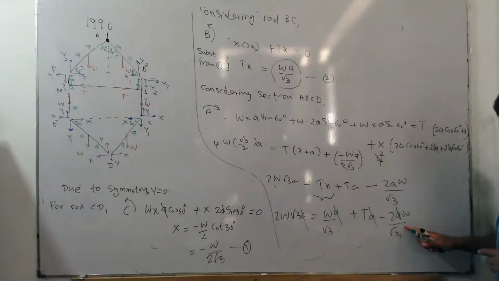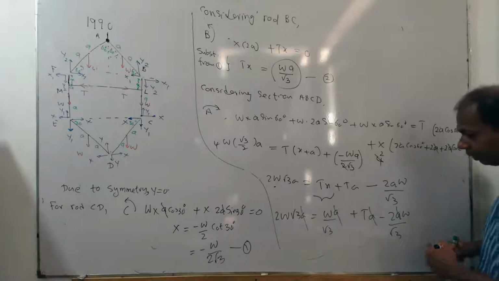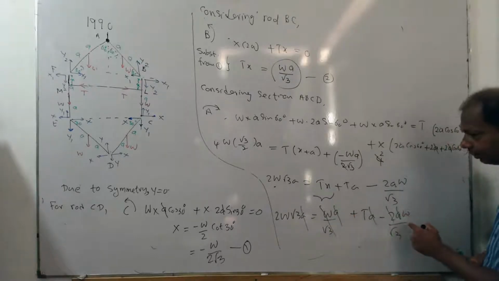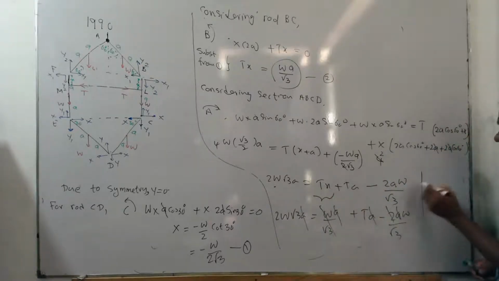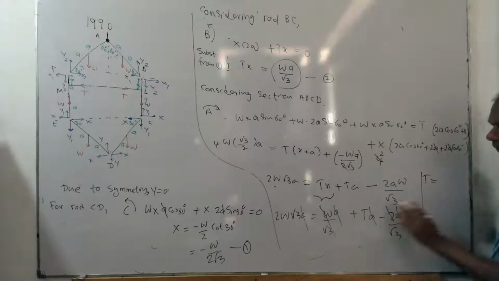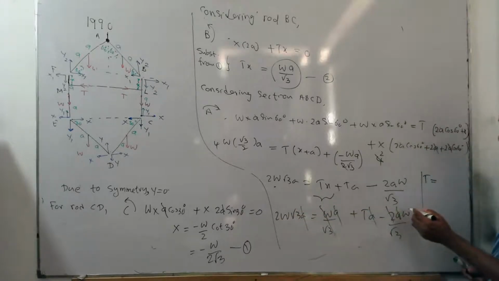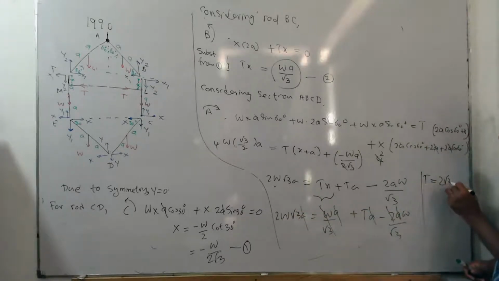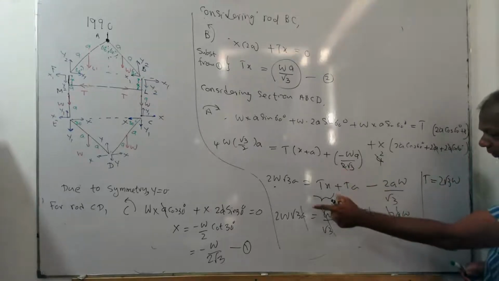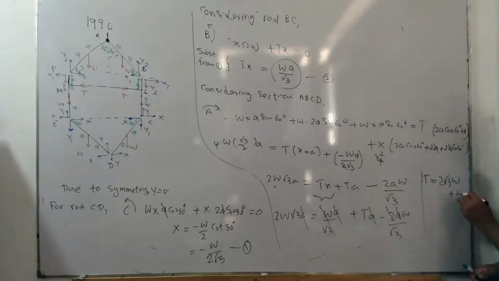These two you can cancel, and this will go to the other side. You get T equals 2 root 3 W, and this will go to the other side and make it plus W over root 3.